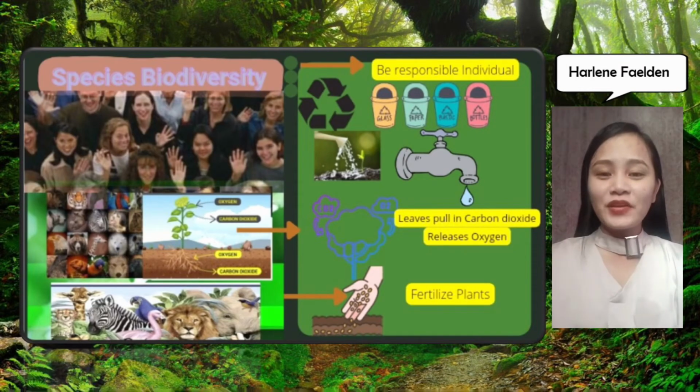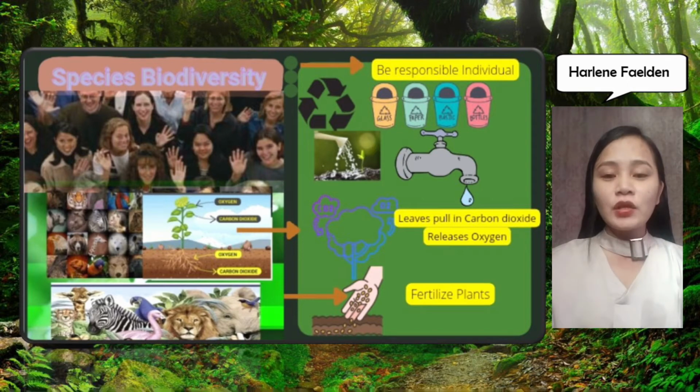Next is species biodiversity. As you can see, this could preserve the ecological system and functions. One example of a species is humans. As humans, we have to initiate and do our responsibilities to preserve the ecosystems or the earth where we live. We should know how to reduce, reuse, and recycle our trash to prevent pollution, flash floods, and others that could have bad effects on our nature. We should conserve water and plant trees. It provides food and oxygen.